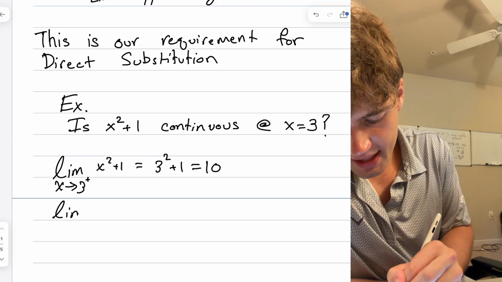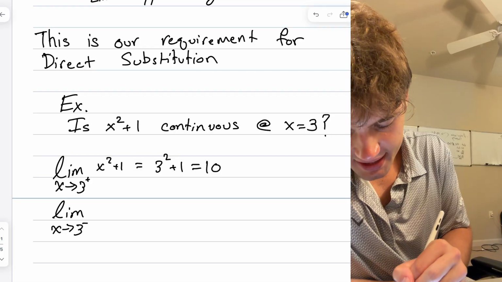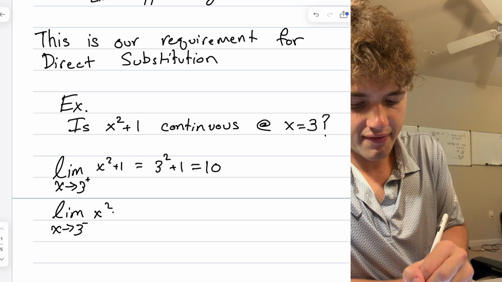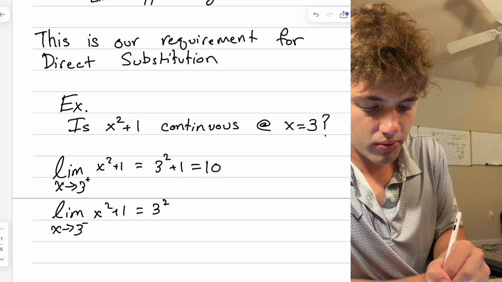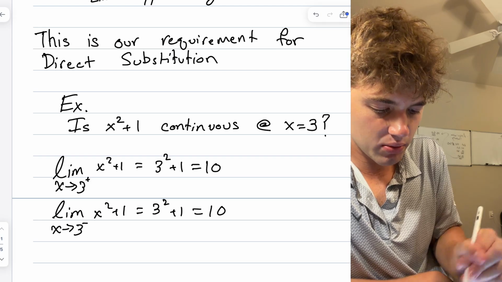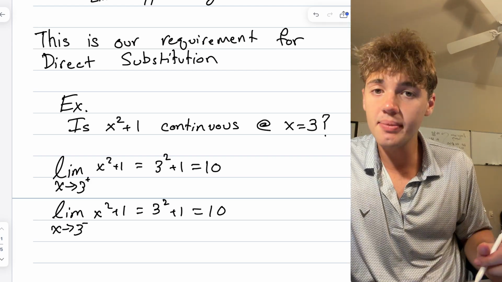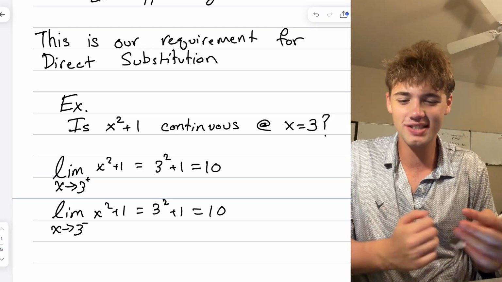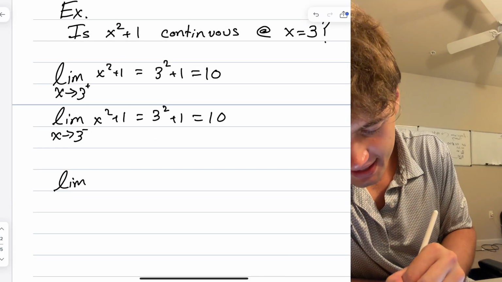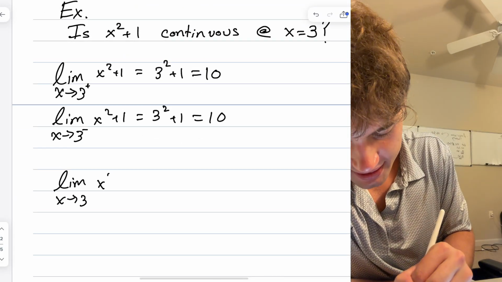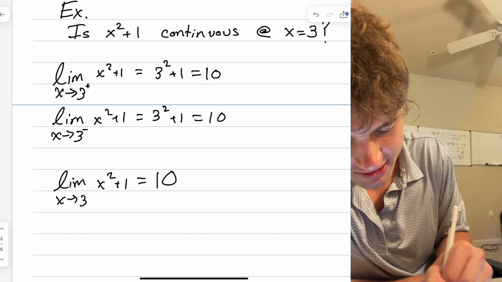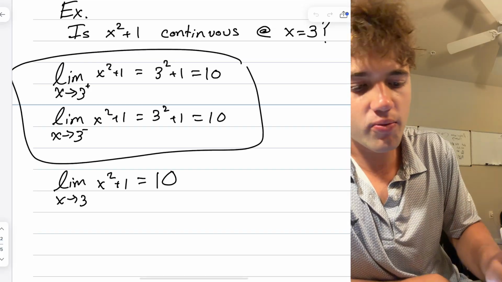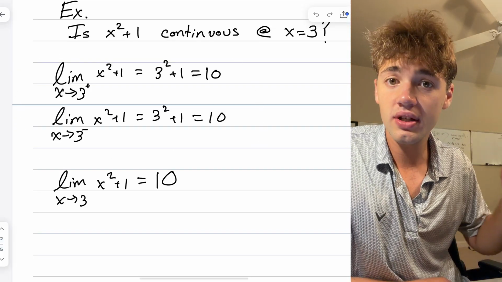And if we do it from the other side, the negative side, the left side of x squared plus 1, that's going to give us 3 squared plus 1. That's going to equal 10 as well. So our two-sided limit is also going to equal 10 because the one-sided limits both equal 10. So we can go ahead and write that down right here. The limit of x squared plus 1 equaled 10 because the left-handed and right-handed limits both equaled 10.